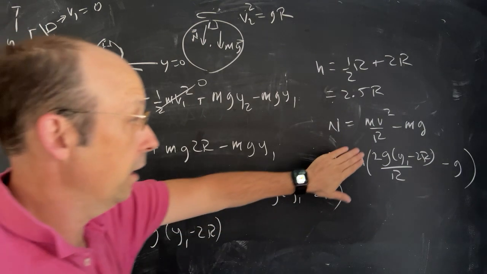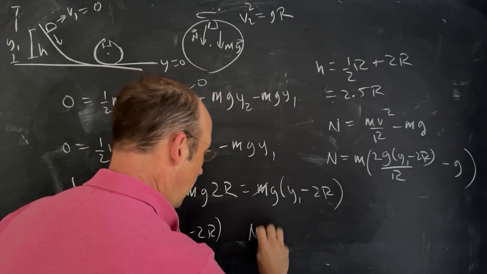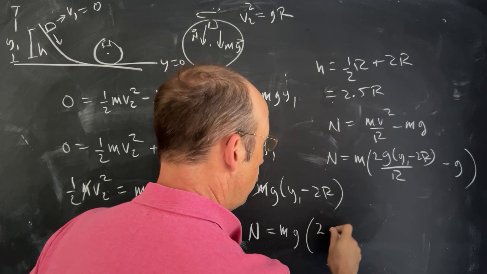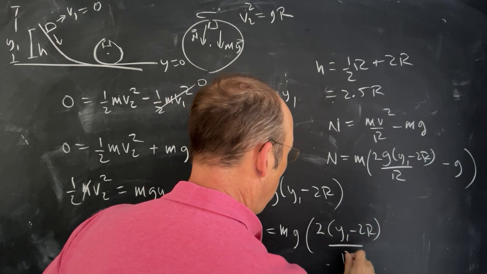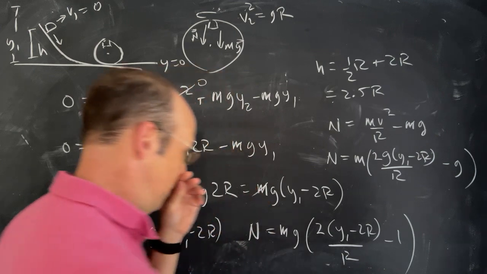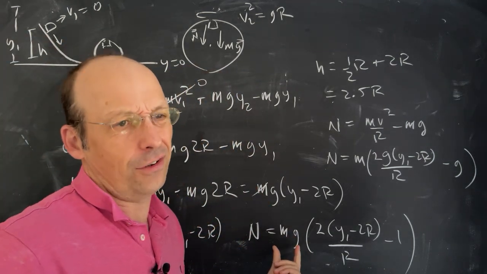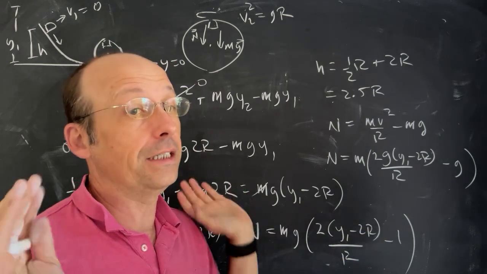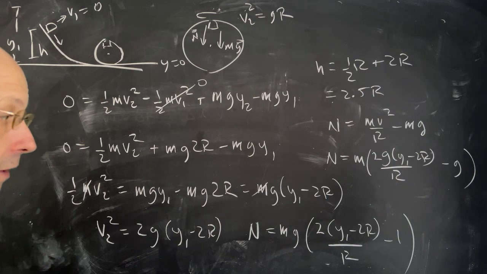And then if I factor out the g too, I get the whole thing. N equals mg times 2 y1 minus 2r over r minus 1. And let's just check. So that's going to be my units of g's. And this is units of distance over distance, so it doesn't have units, minus 1 doesn't have units, so everything works out okay. So you can plug in your initial height and find out that force.